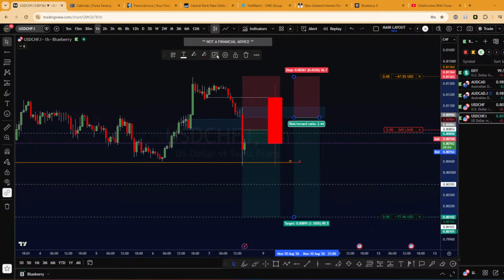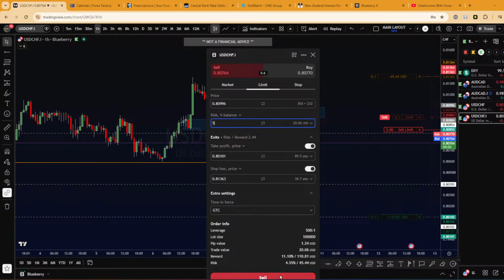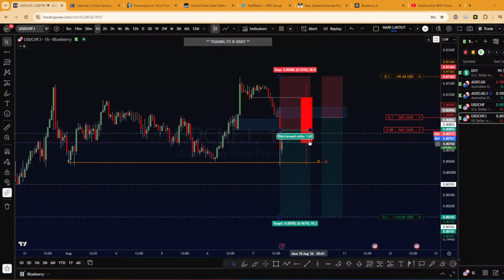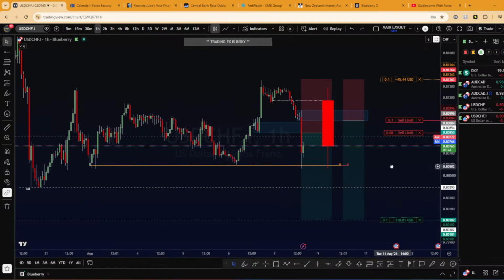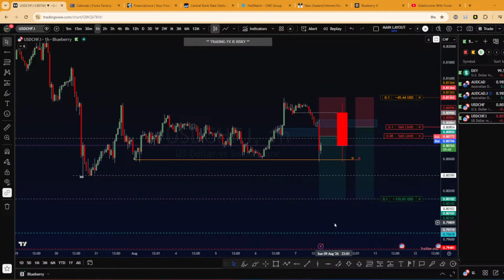Put a second entry, a sell limit here, in case we retest here.